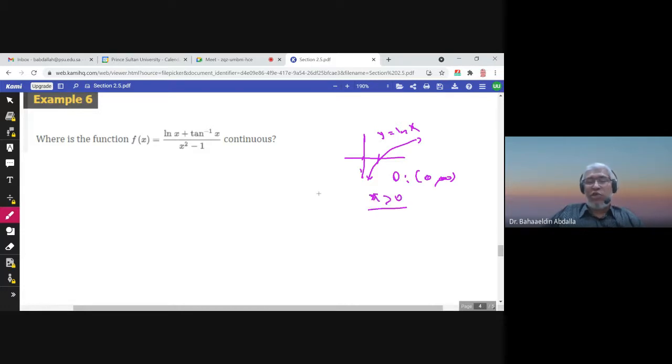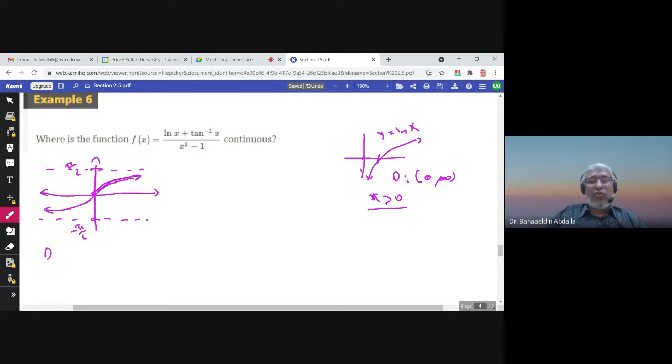This is one condition. Tan inverse x, I know the graph of tan inverse x. Here I have pi over 2 as a horizontal asymptote, and here I have negative pi over 2 as a horizontal asymptote, and the graph goes like this.